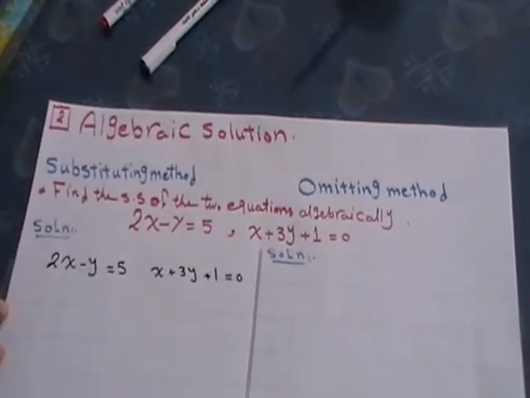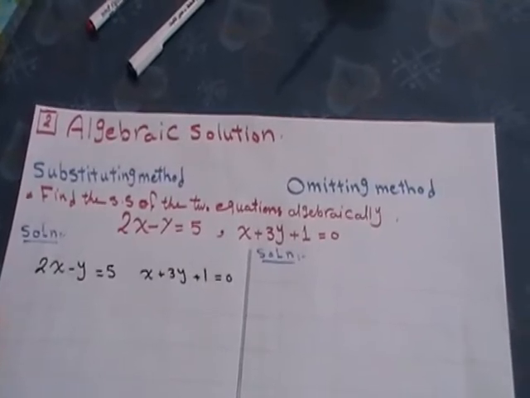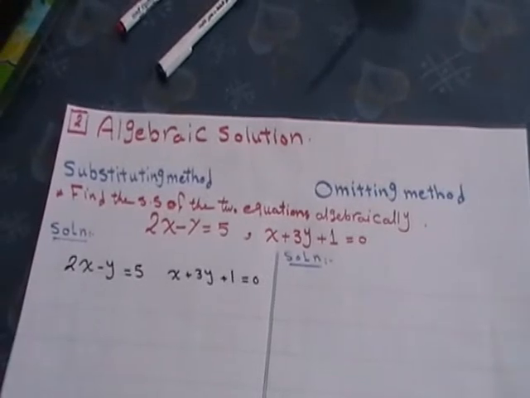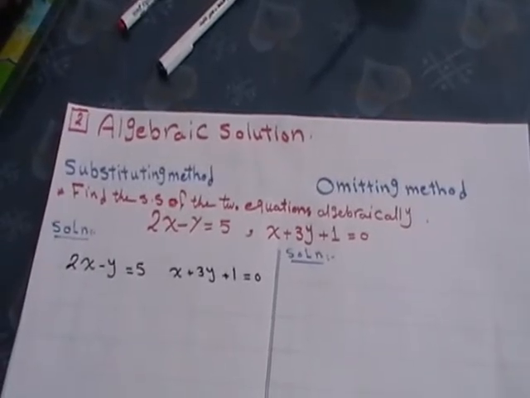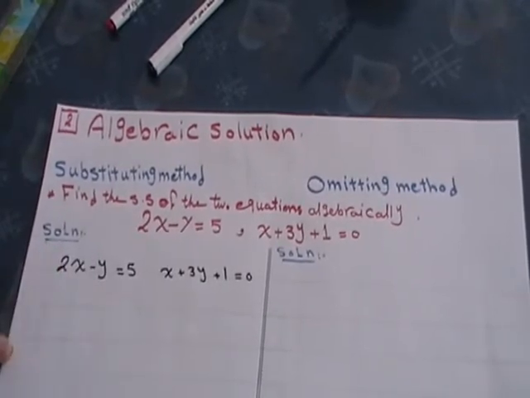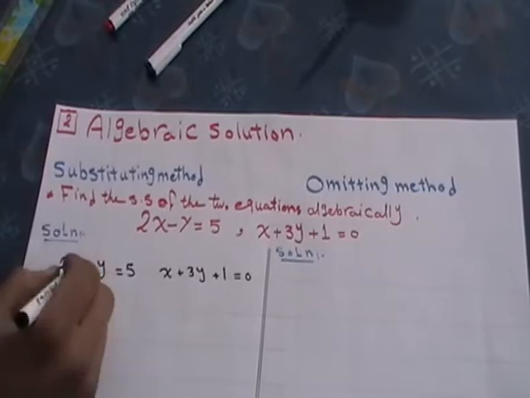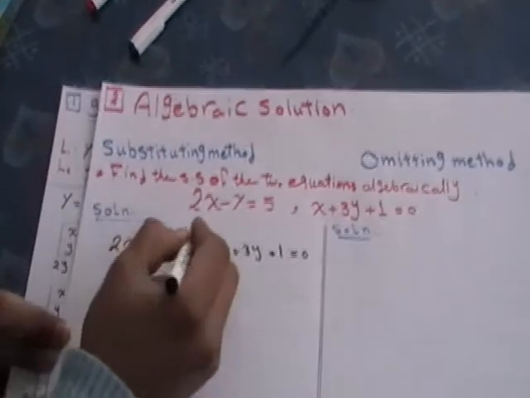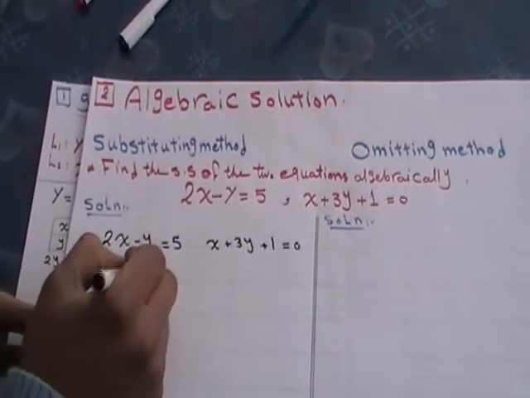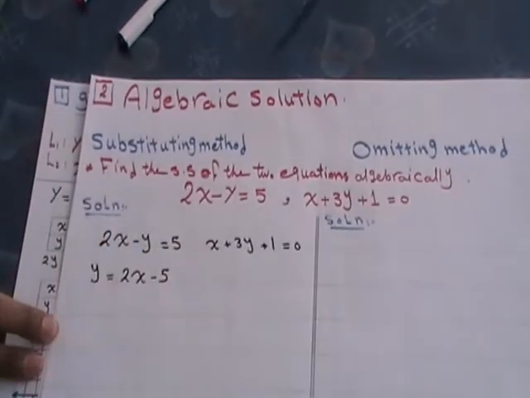The substitution method depends on having one of the two variables on one side, then having the rest of the equation on the other side, then substituting for the free variable in the second equation. From here, you can have y on one side. So if you move y here and get 5 here, you will have y equals 2x minus 5.